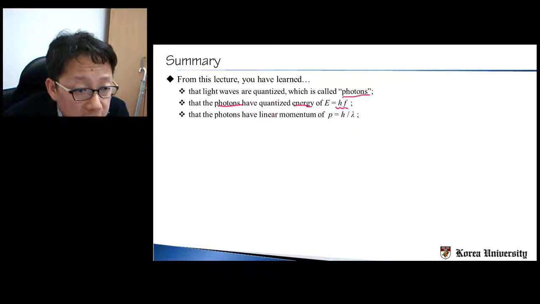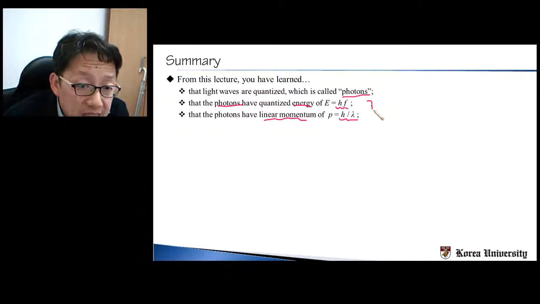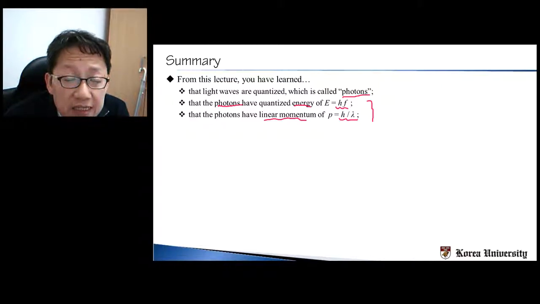And we also learned that these photons have linear momentum even though they don't have a mass, and this linear momentum can be written as the Planck constant divided by lambda. Okay, and using this we learned that it satisfies the conservation of energy and conservation of momentum when these photons scatter with the electrons.